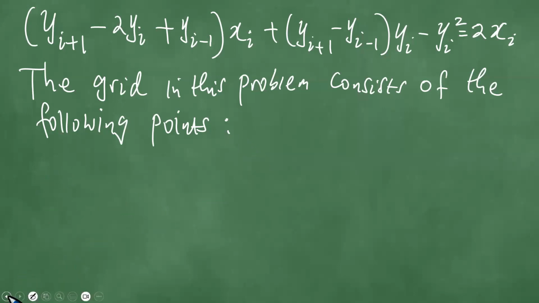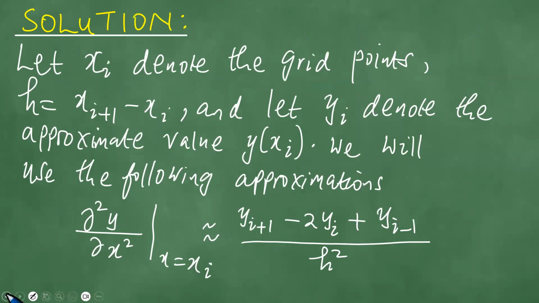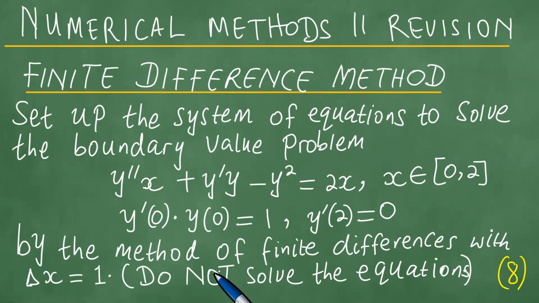Because of the initial value that we have between 0 and 2, you also have a y0, which goes with an x0, and the x0 is 0.